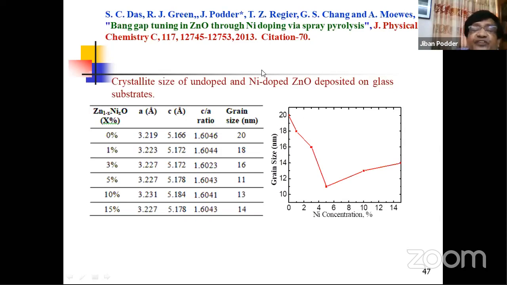To change the properties, our main objective is to grow nanostructured materials from transition metals. That paper we published in the Journal of Physical Chemistry in 2013: band gap tuning of zinc oxide through nickel doping by a spray pyrolysis technique.